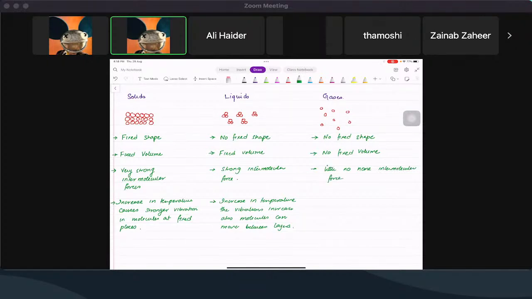Now, an increase in temperature causes the molecules to move at higher speeds as their kinetic energy increases. Is it clear, everybody? Any question here? Please let me know.